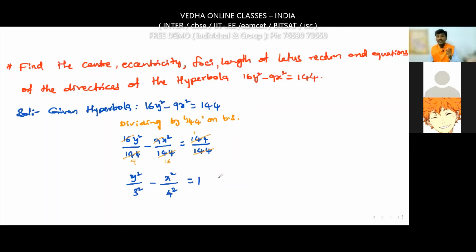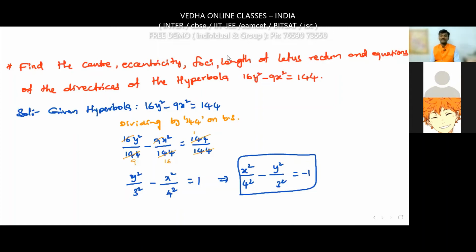Either you can write like this, or if you multiply by minus on both sides, then we get plus x square by 4 square minus y square by 3 square is equal to minus 1.